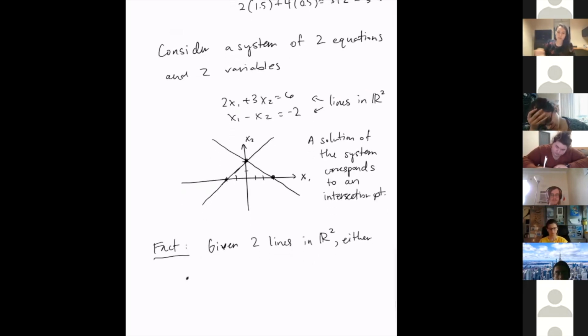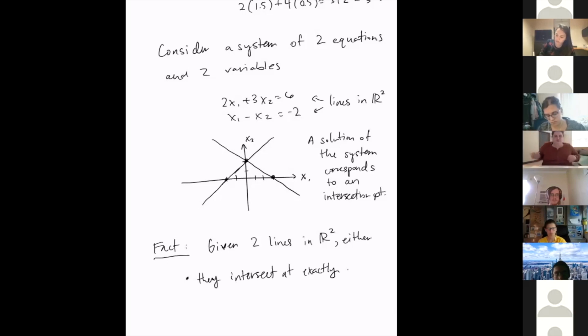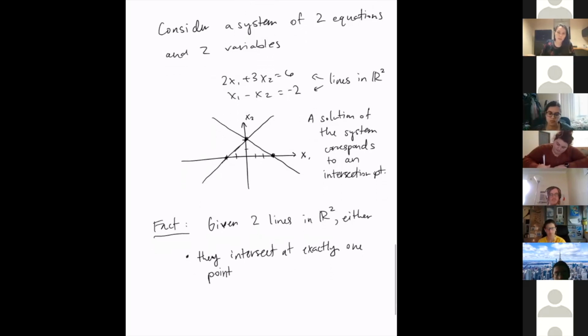So first of all, they could intersect at exactly 1 point. So just like the example we just looked at, right? What do you think another possibility would be?